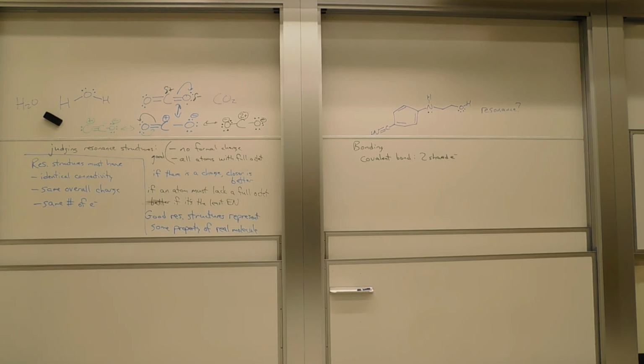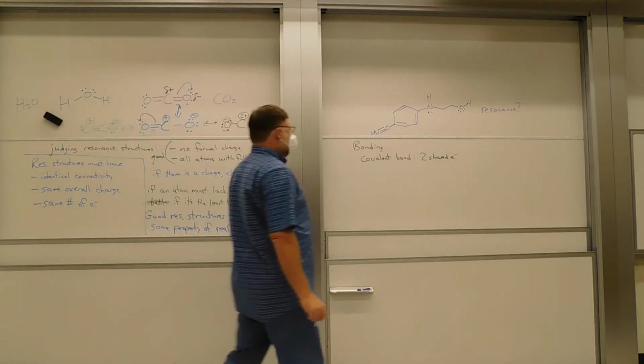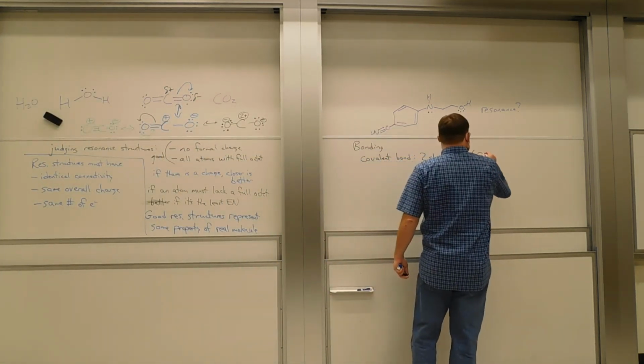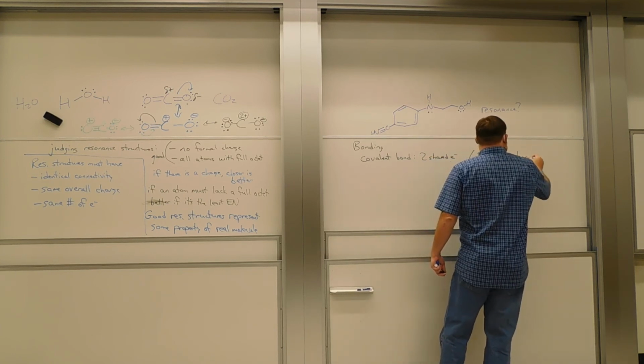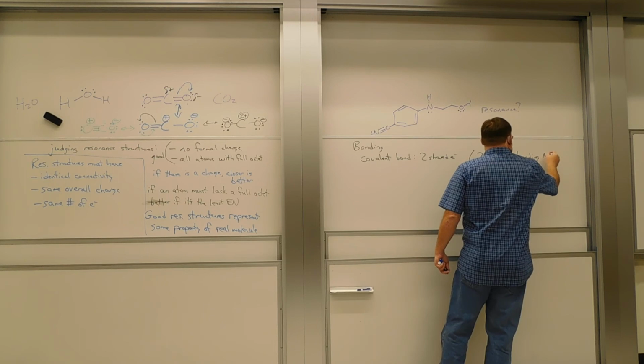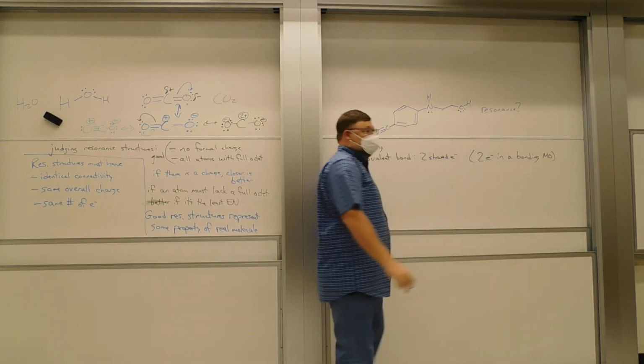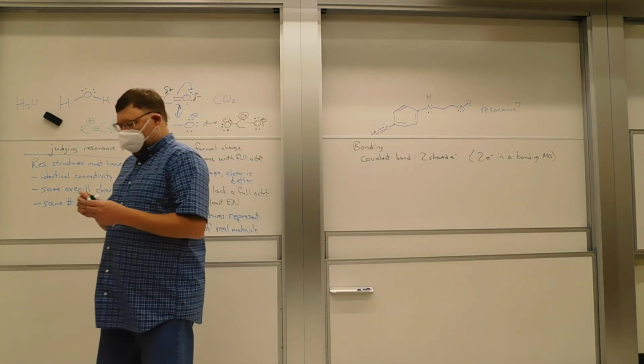But there's a few different ways to do that. And what it really is, right, it's 2 electrons in a bonding molecular orbital.